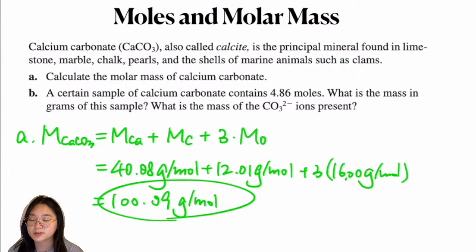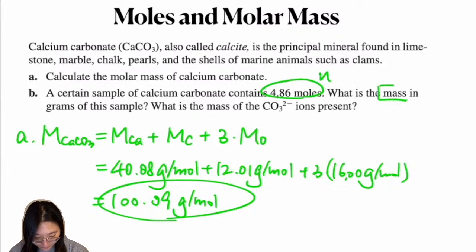B. A certain sample of calcium carbonate contains 4.86 moles. What is the mass in grams of this sample? What is the mass of the carbonate ions present? So there are 2 questions in part B. We're given the number of moles this time, and it's asking for the mass.